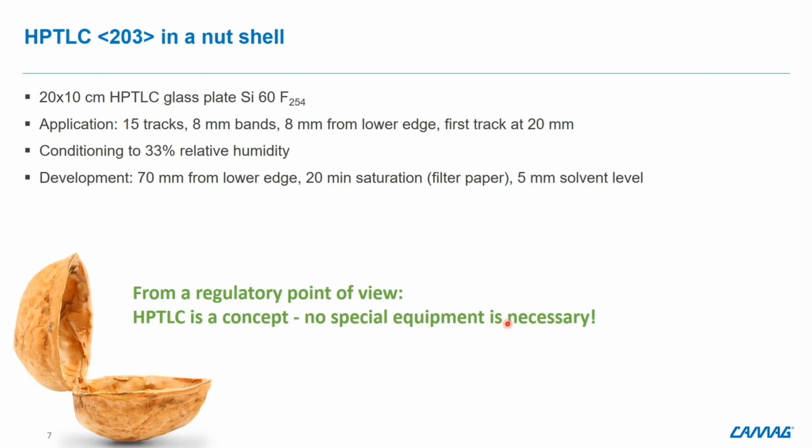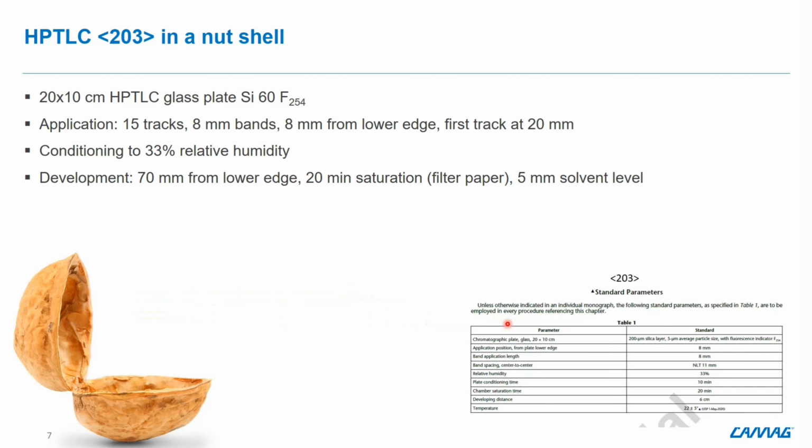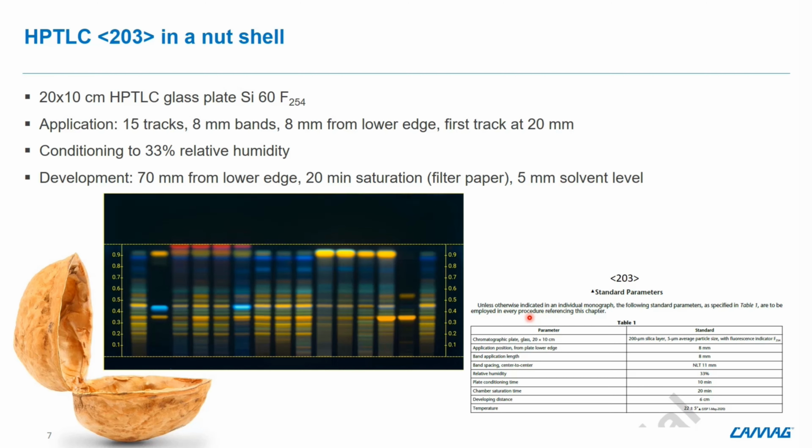And from a regulatory point of view, HPTLC is a concept that requires no special equipment. In this table, you can see all the standard parameters according to the General Chapter 203. And here our Ginkgo example by following a standardized methodology.